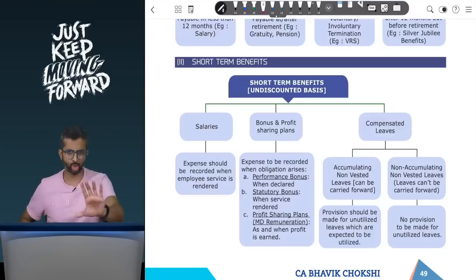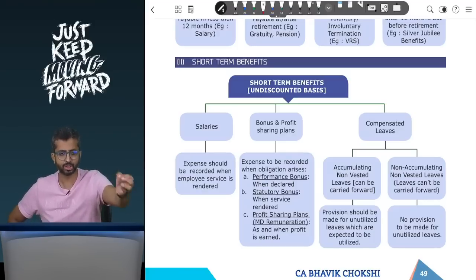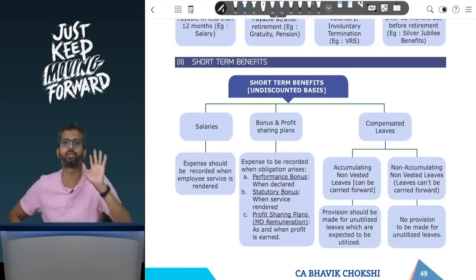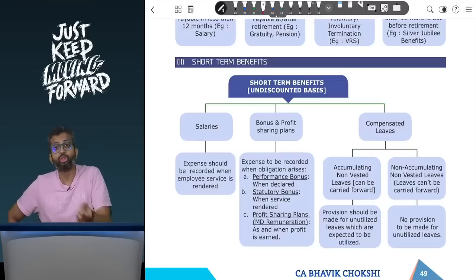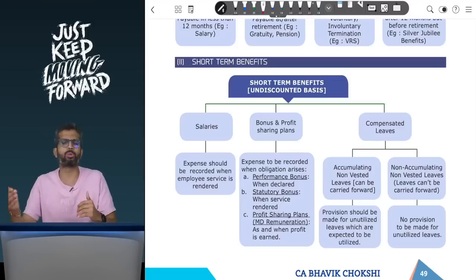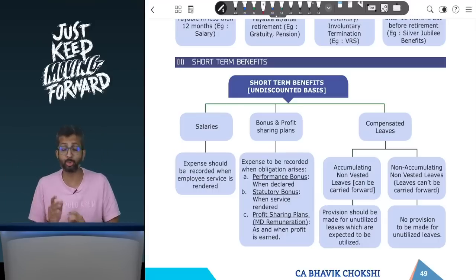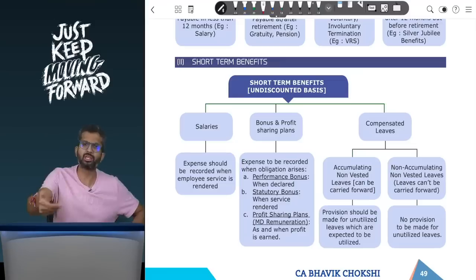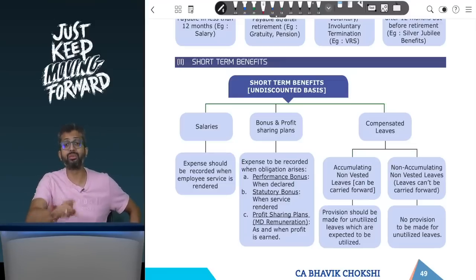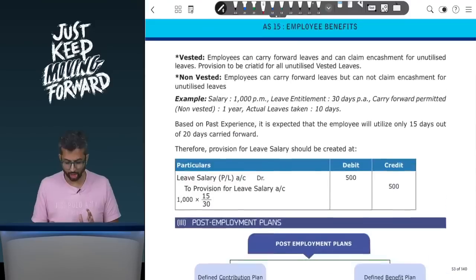So long story short, in case of compensated absences, if it is vested benefits, that is you can encash them, always create a provision for the unutilized leave. If it is non-vested, in which case you see whether it can be carried forward or it cannot be carried forward. If it cannot be carried forward, the unutilized leave will lapse and hence no provision to be recorded. If it can be carried forward, then create a provision for the unutilized leave to the extent you expect it to be utilized. That is the general rule for short-term benefits.